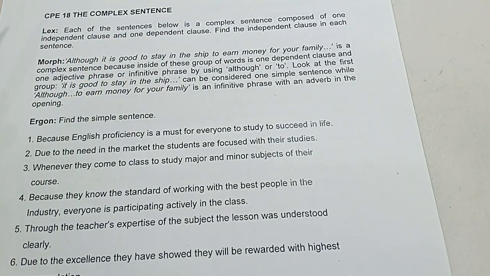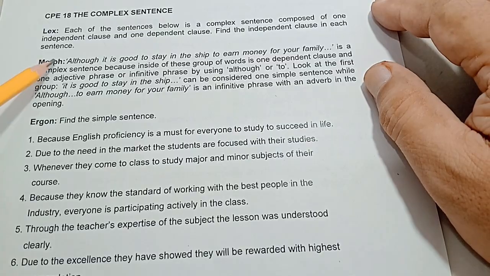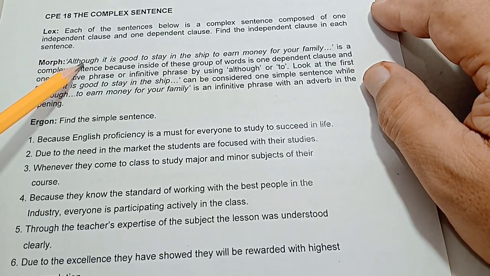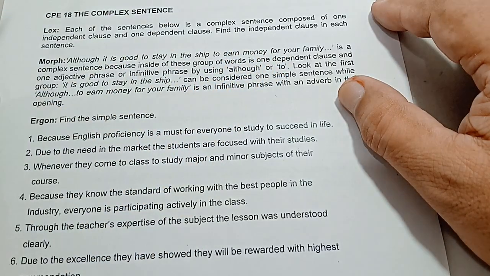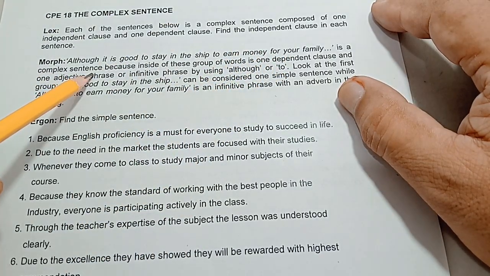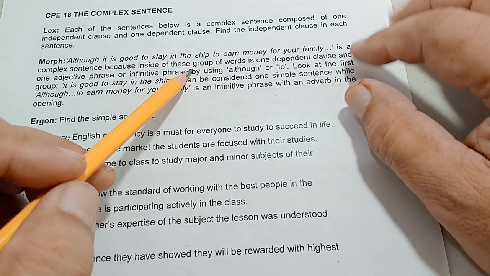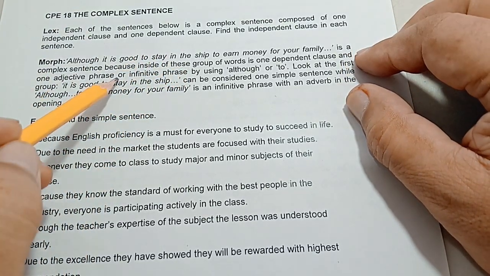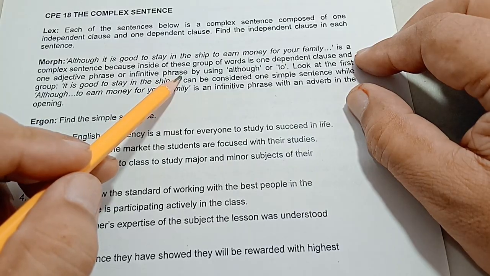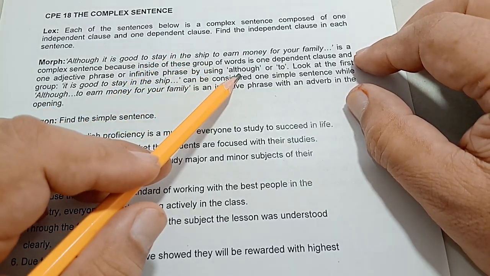Find the independent clause in each sentence. Say, example, although it is good to stay in the ship to earn money for your family, is a complex sentence because inside of that group of words is one dependent clause and one adjective phrase or infinitive phrase. Okay, by using although or to.